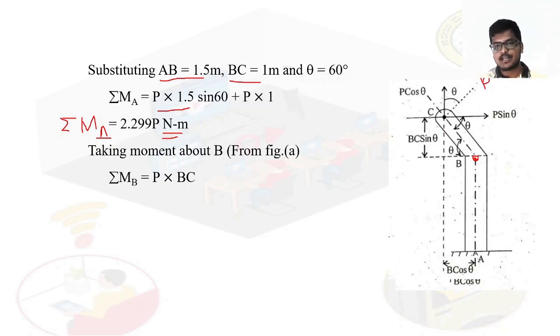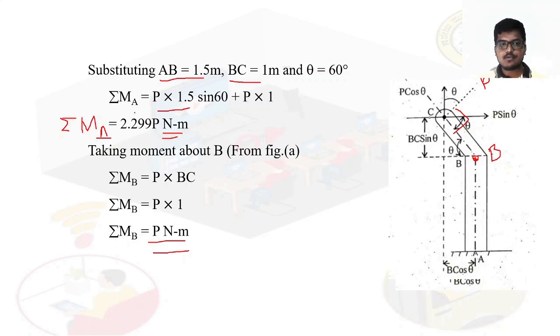We will have direct values here because it is at exact 90 degrees to the point B. So P into BC, BC is 1 meter. Sigma moment about B is P Newton meter. Moment about A is 2.29 P Newton meter.